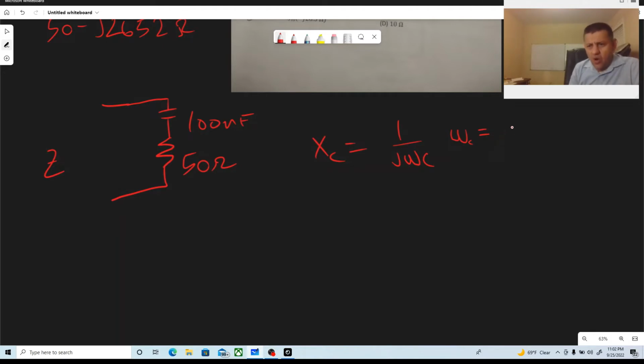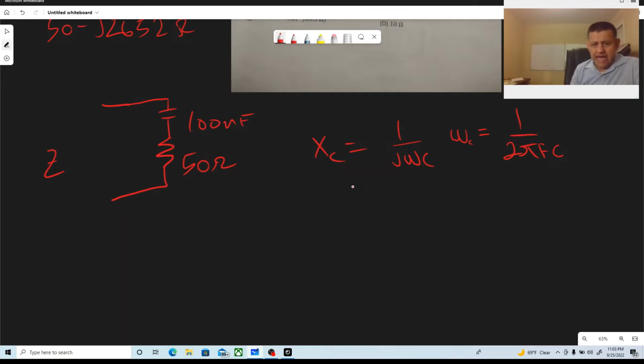So now we have 1 over j omega c. All we have to do is find omega, which is 2 pi f, the frequency, and then multiply by the C value.